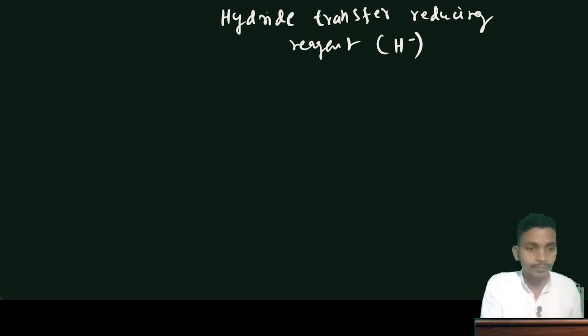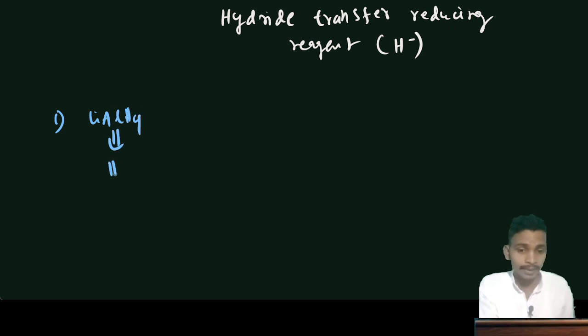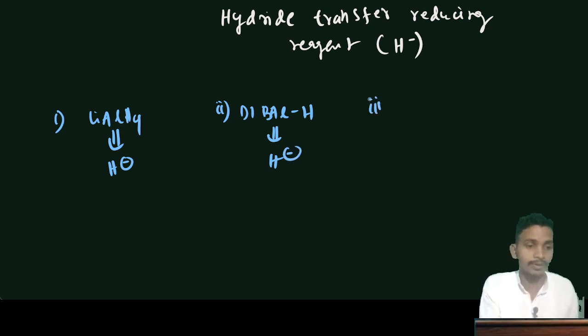Okay. Now, I have discussed all the hydride transfer reducing reagents. Firstly, I talked about lithium aluminum hydride. This is also a hydride transfer reducing reagent. It means that from here we will get H minus. Similarly, DIBAL-H, here also we'll get H minus, and I have also discussed NaBH4.